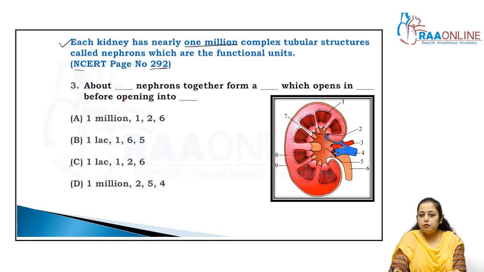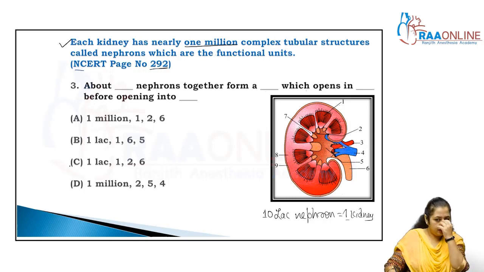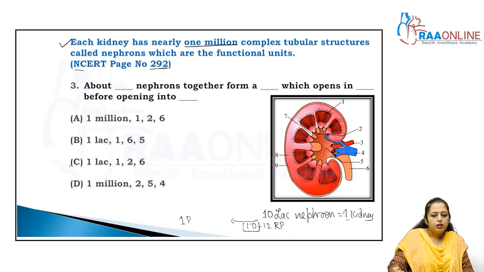If we take a minimum of 10 pyramids, then when 10 lakh nephrons are present in one kidney, and in each kidney 10 to 12 renal pyramids are there, one pyramid can carry 1 lakh nephrons. Exactly, one medullary pyramid carries 1 lakh nephrons.